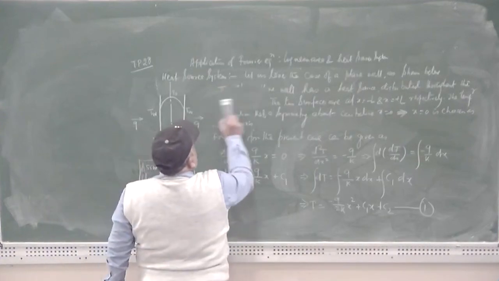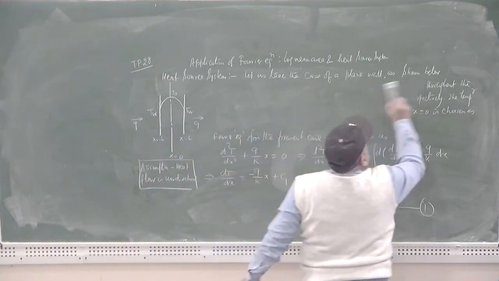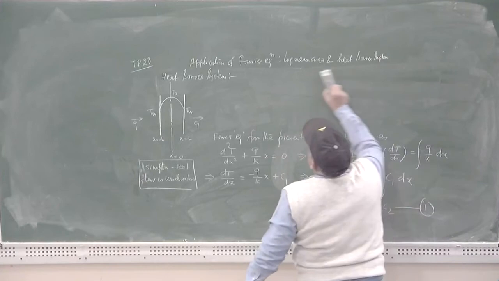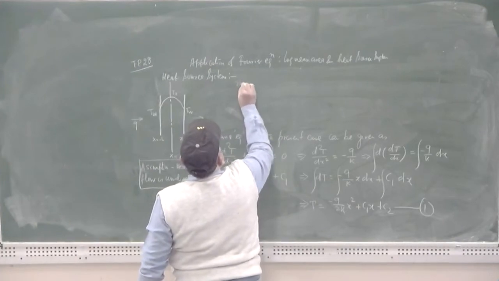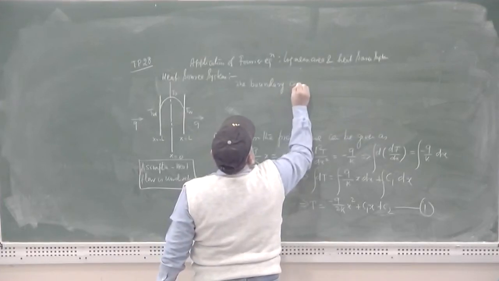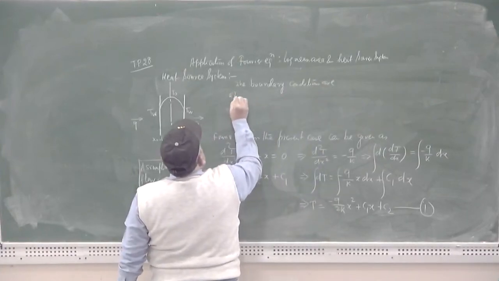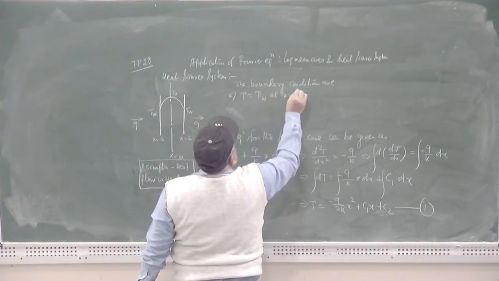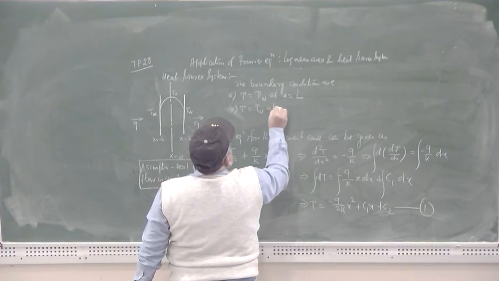So, the boundary conditions are: A, T is equal to TW at x equal to L, and B, T is equal to TW at x equal to minus L.